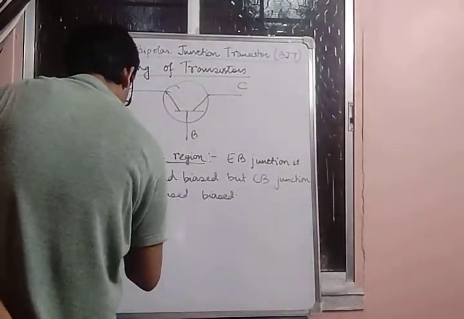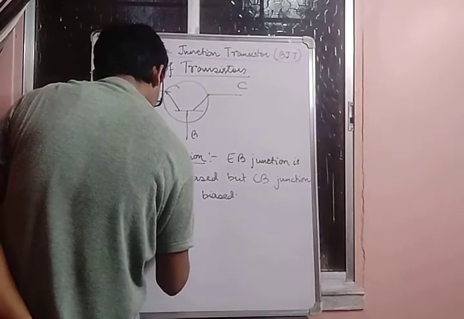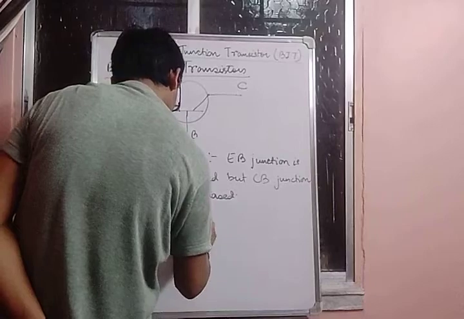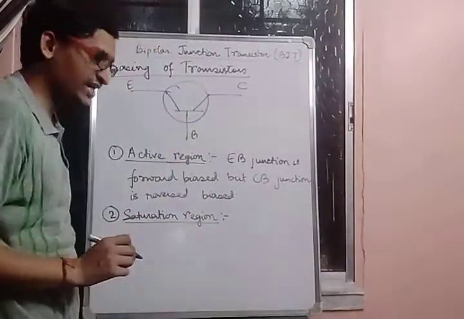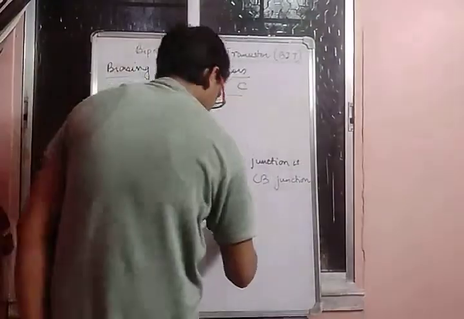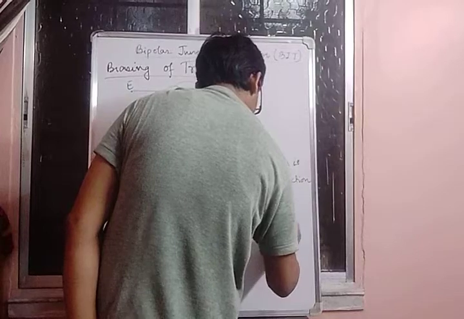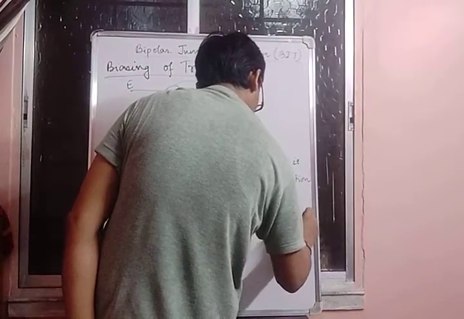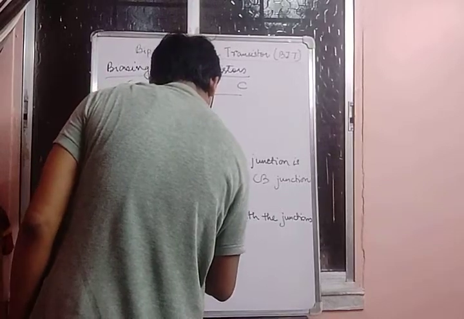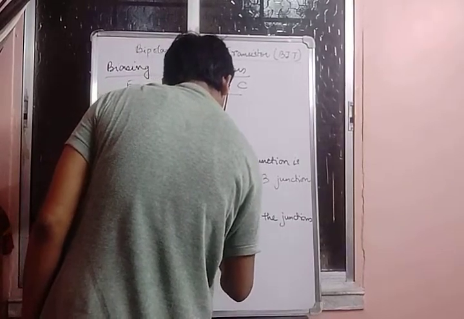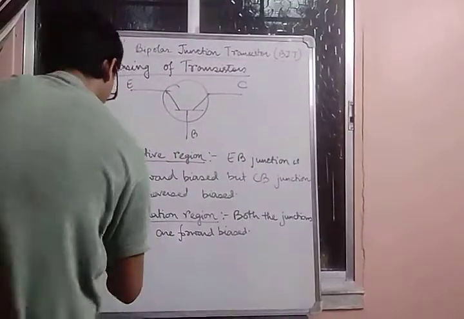Second is your saturation region. In saturation region, both the junctions are forward biased.